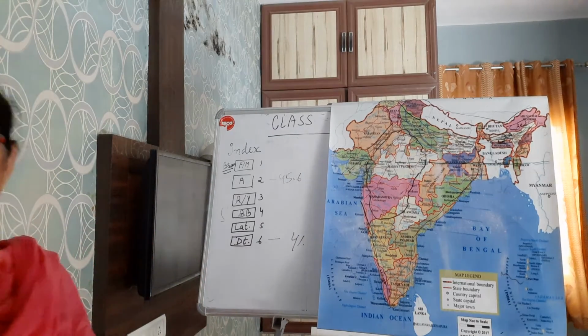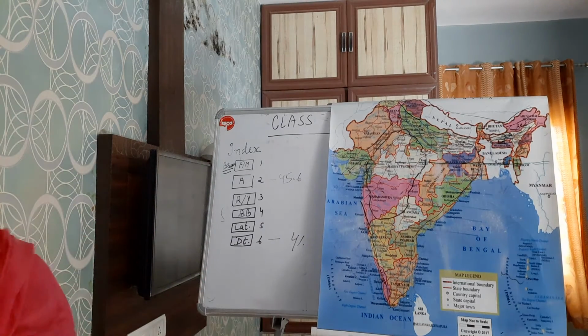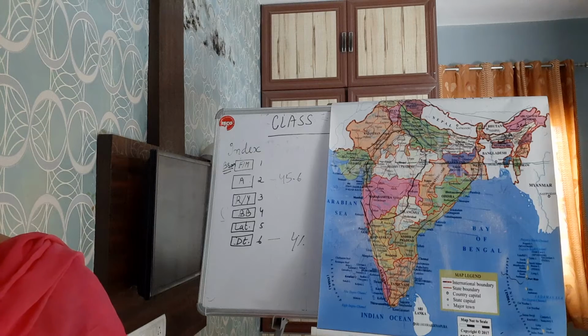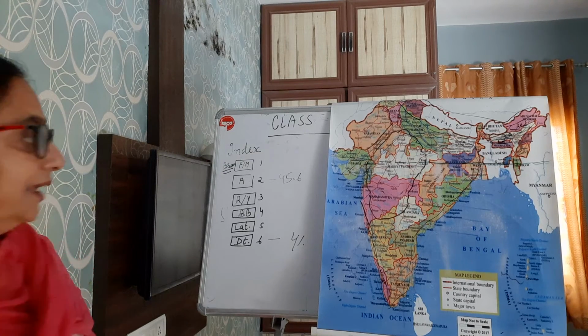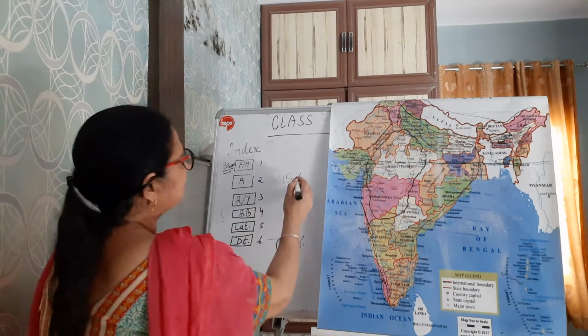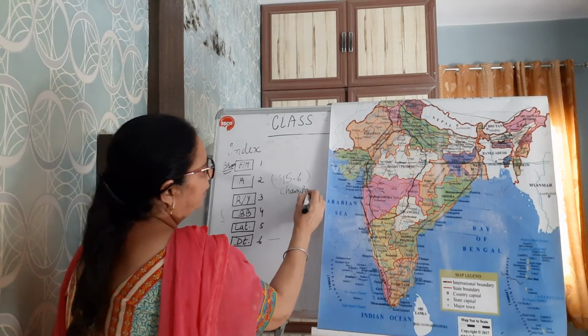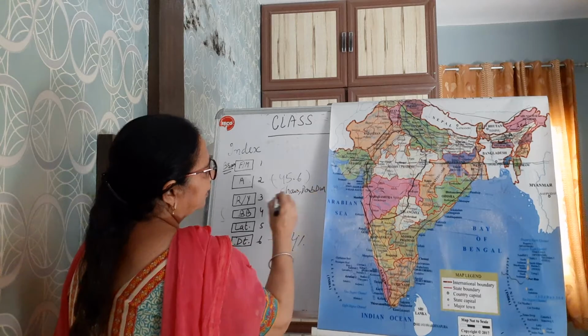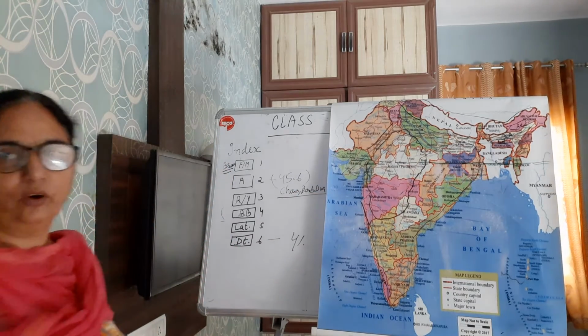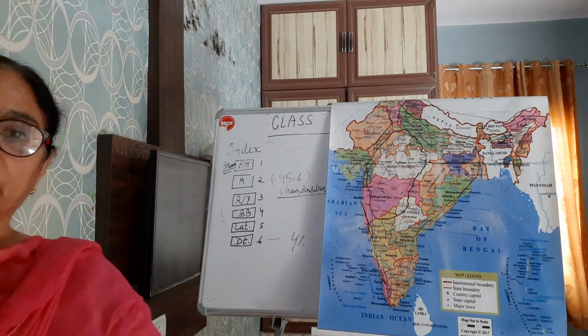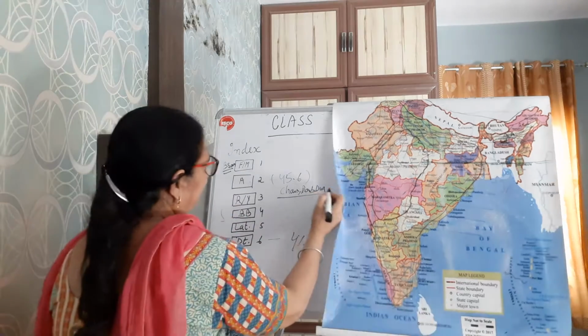Okay students, so in this way this is our soil chapter, and these are the areas where this alluvial soil is found: chores, doab, dhur, such types of names are there for this type of soil. Tarai and bhabbar are also there.